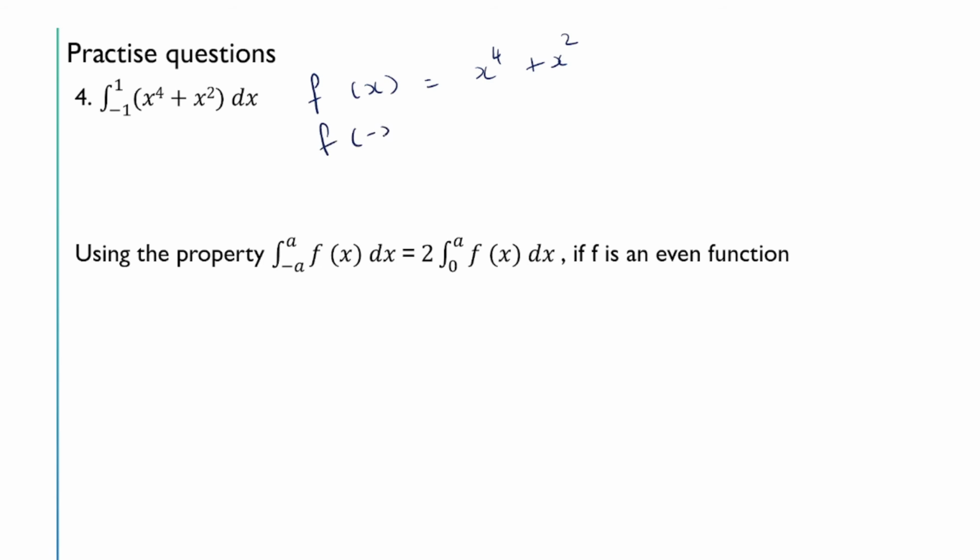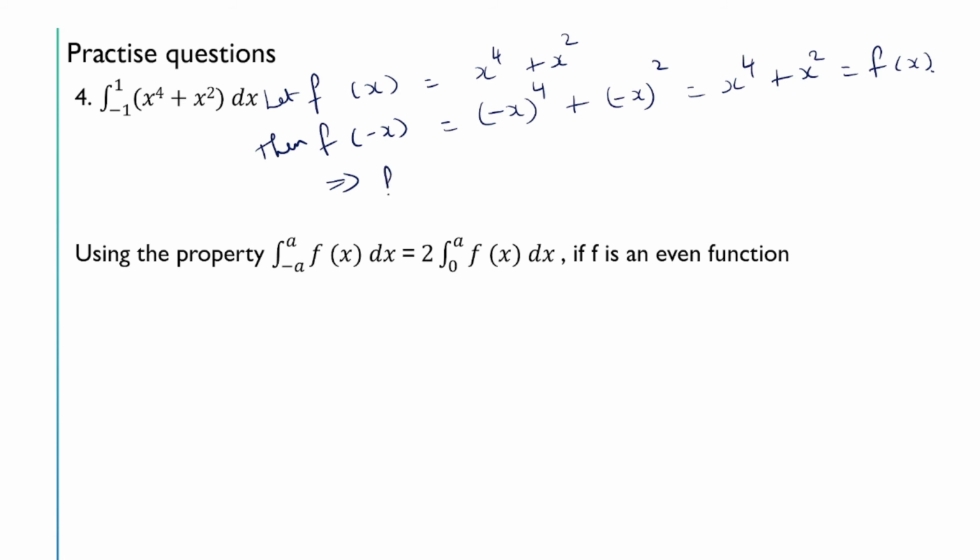Then f of minus x is equal to (minus x) the whole raised to 4 plus (minus x) the whole square. So it is again equal to x raised to 4 plus x square. It is equal to f of x. So f of minus x equal to f of x implies f is an even function.